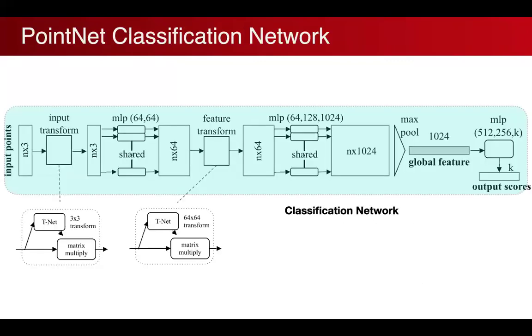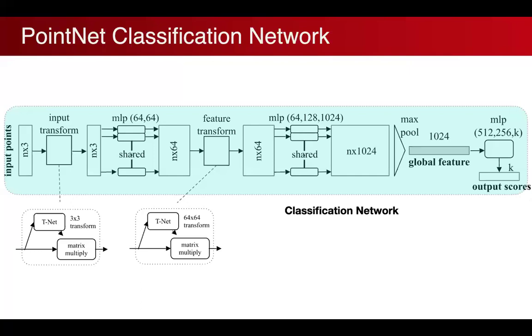And so combining all these elements, we have the first architecture for a PointNet. So this is a PointNet for classification. And here you see we have the input points. And then we have this initial input transform to align the points.